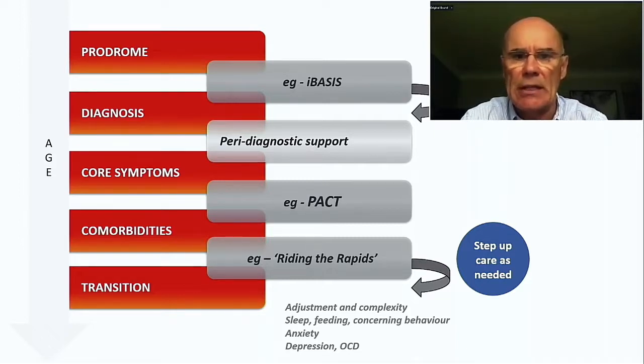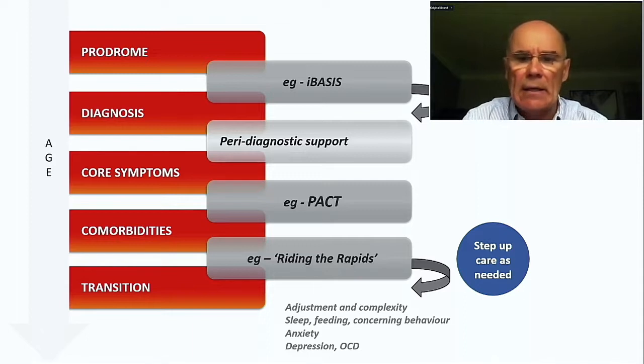So we have this early prodromal intervention, which we call iBasis, which is not yet up and running in full practice and is not yet fully evidenced. Peri-diagnostic support. And then we have the PACT intervention that you'll hear a lot about today, which is focused on this early post-diagnostic period to enhance development.